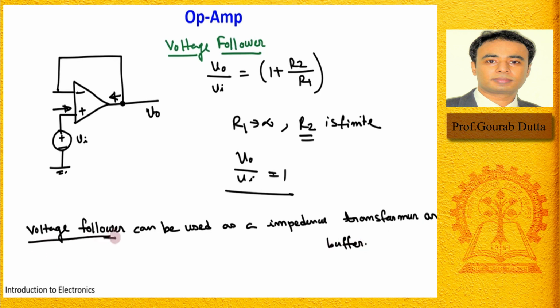So this is the primary use of this voltage follower circuit, that it can be used as a buffer or impedance transformer. Why? Because you know the input impedance is very high, the output impedance is very low. Let me give one example to you in the next page, then I think it will be much more clear to you.